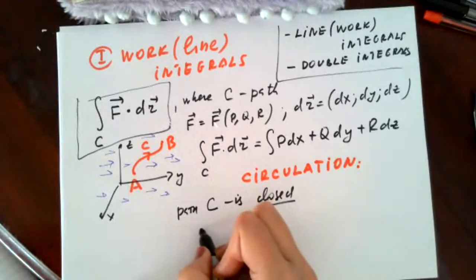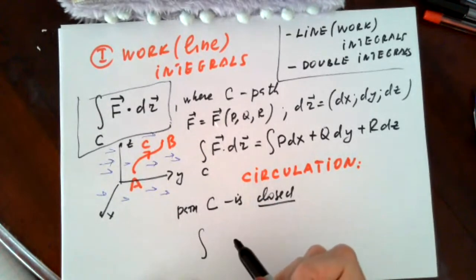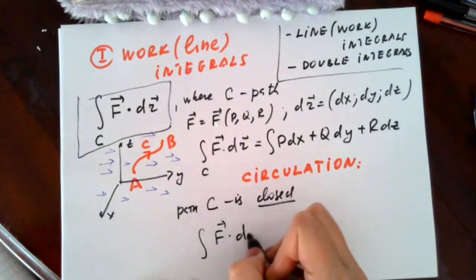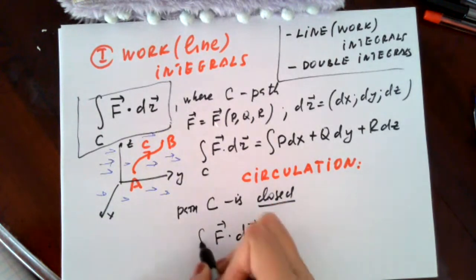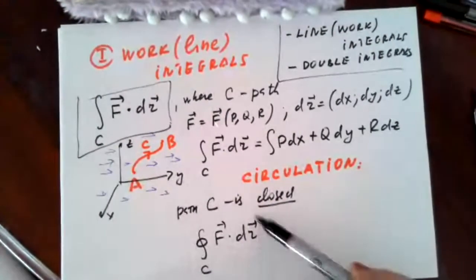That's it. But this case is so important in vector calculus that people even decided to give it a special notation. They put a circle around the integral sign to highlight the idea that this is not an ordinary work integral, it's circulation.